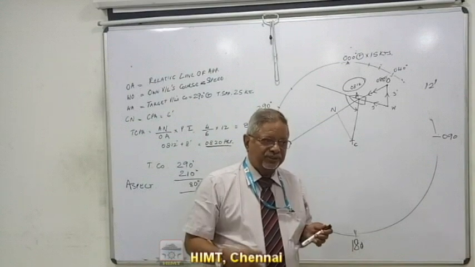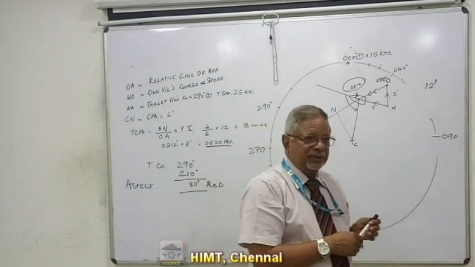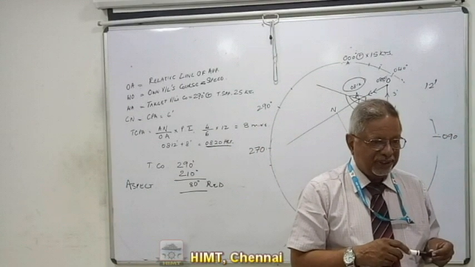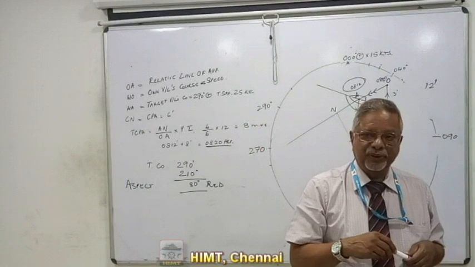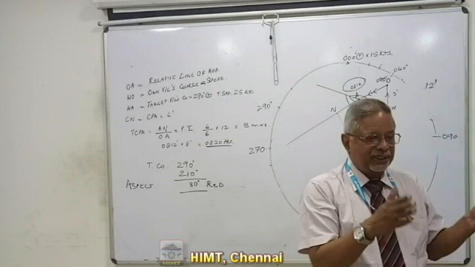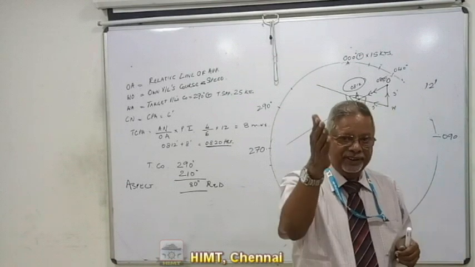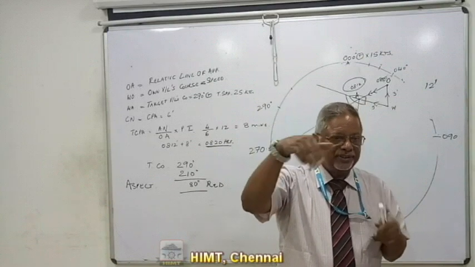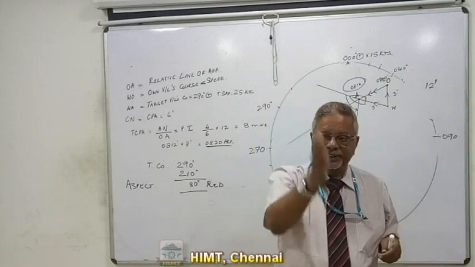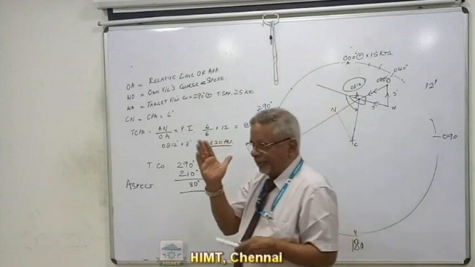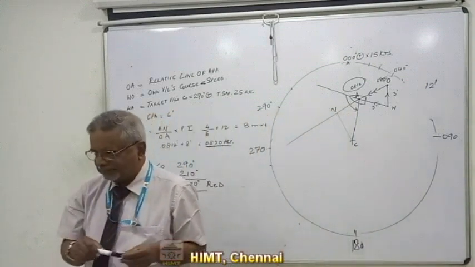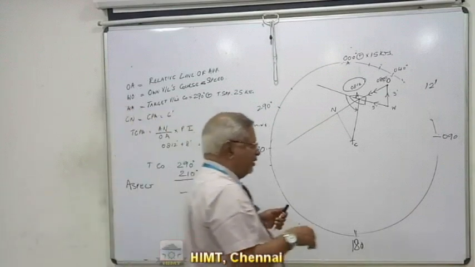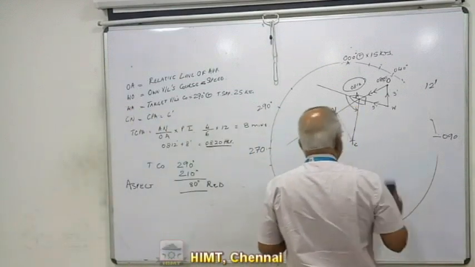You know the target's course, you reverse the bearing, and then the difference between the two gives you the aspect. Aspect is always named red or green, except on two occasions: when the target is right ahead on a head-on situation, 000, and when the target is right ahead going in the same direction, it's 180. Yeah, so this is as far as your plotting is concerned.